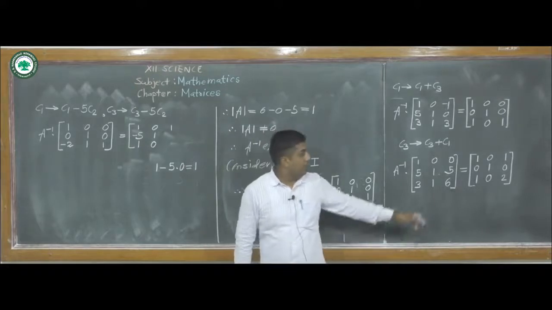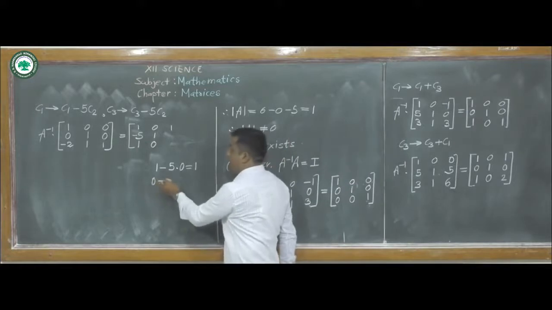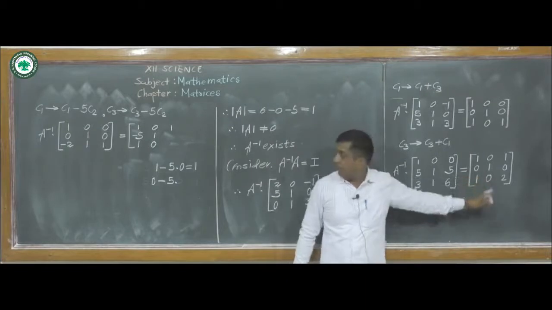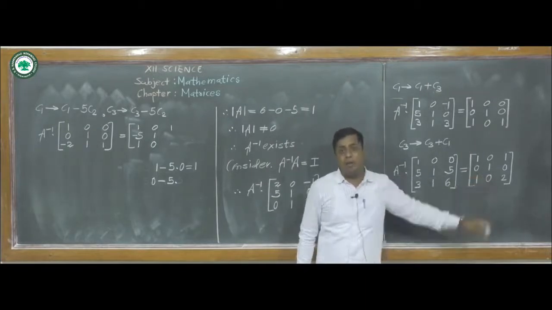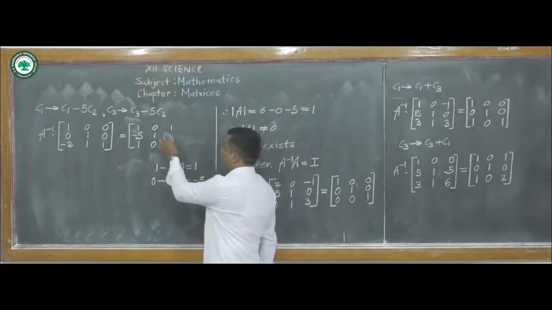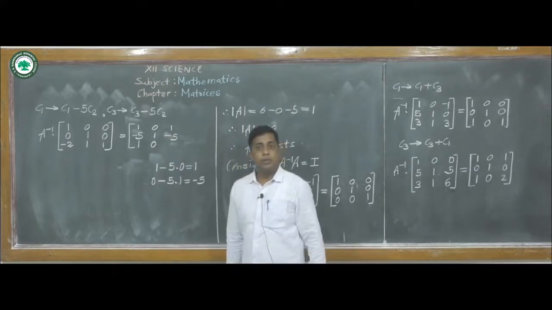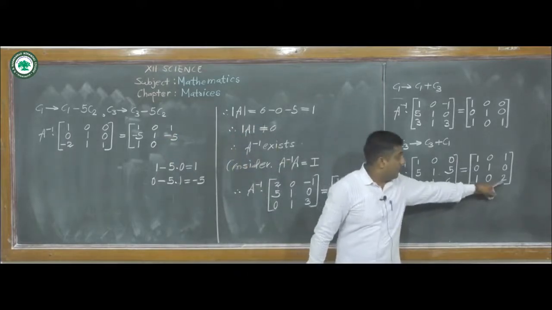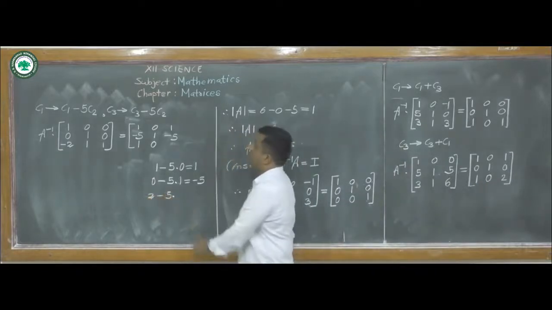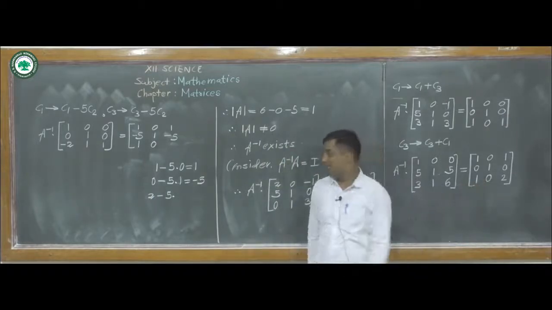Next, the second element from column 3 is 0 minus 5 into the second element from the second column, which is 1. So we get minus 5. So in the position of 0, we get minus 5. Last, the last element of column 3 is 2. So 2 minus 5 into the last element from column second, which is 0.